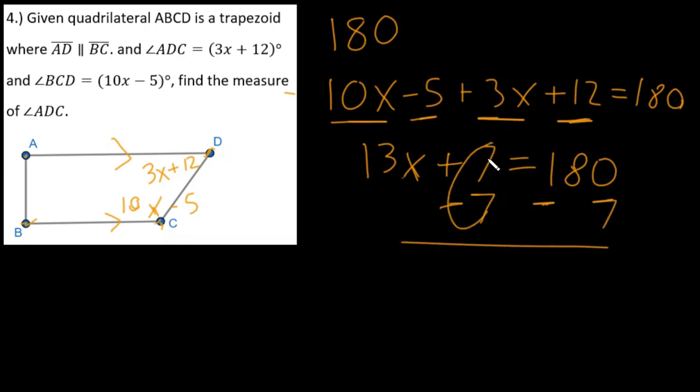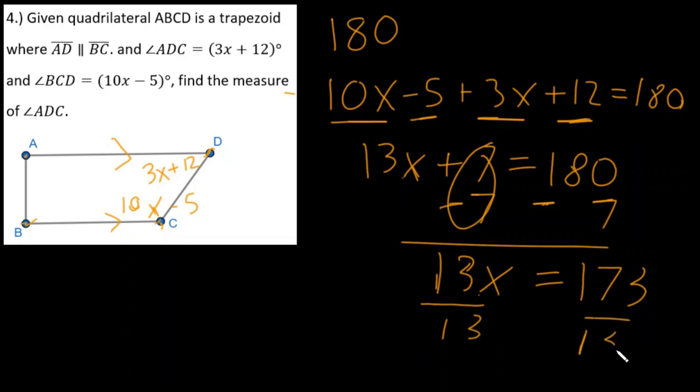Now at this point we have 13x is equal to 180 minus 7, which will of course give us 173. Alright, now from there, and I know that this is not turning out the best, but we have 13x equals 173. And how do we get rid of that 13? Well, of course we will divide both sides by 13.